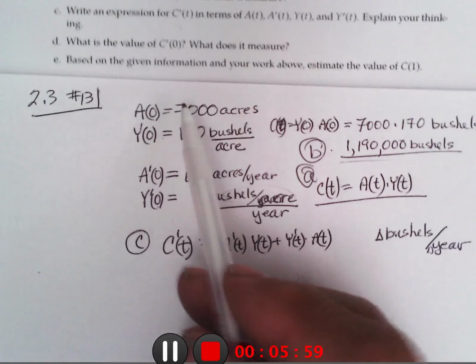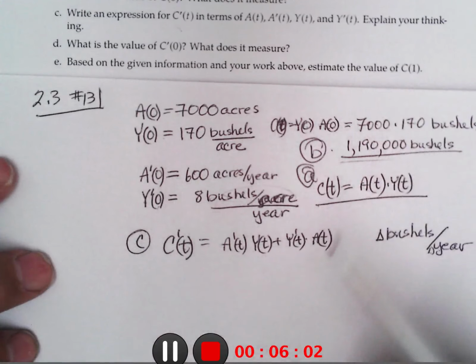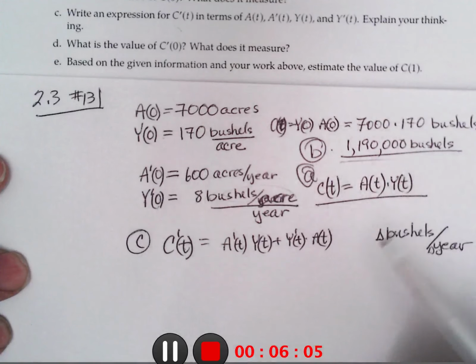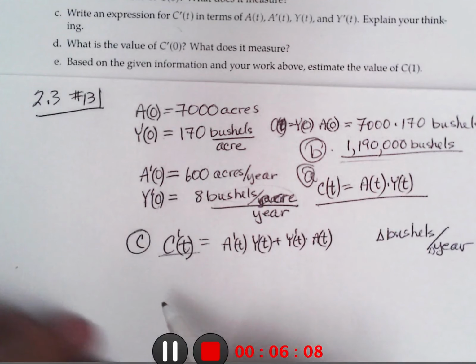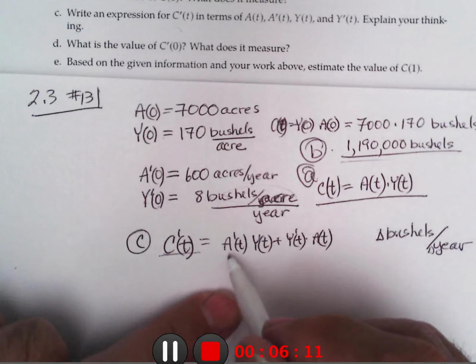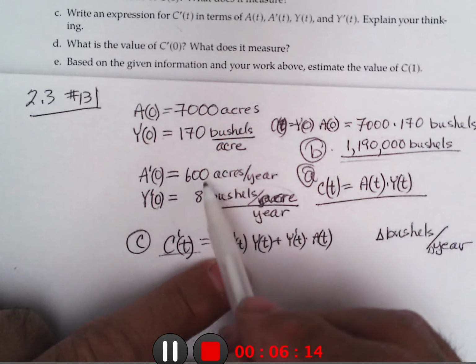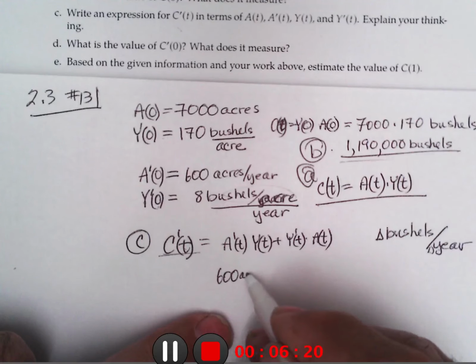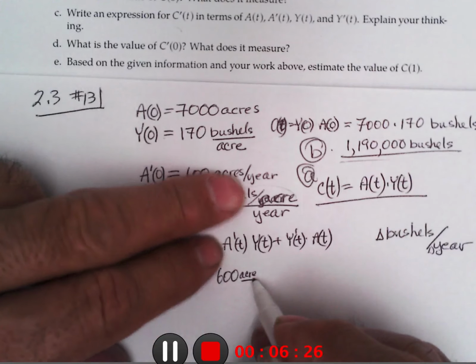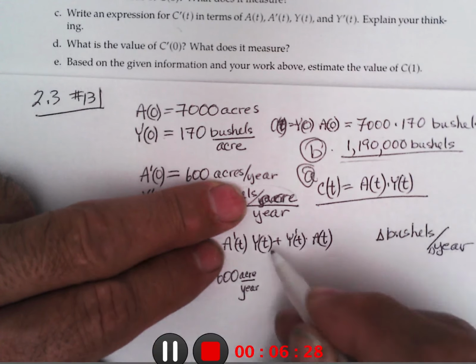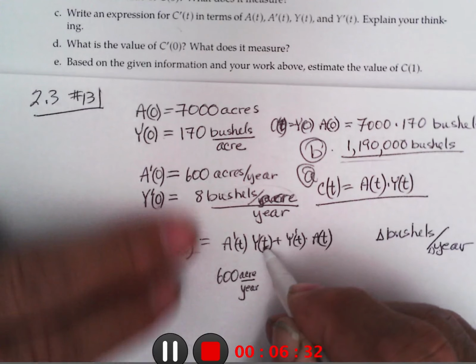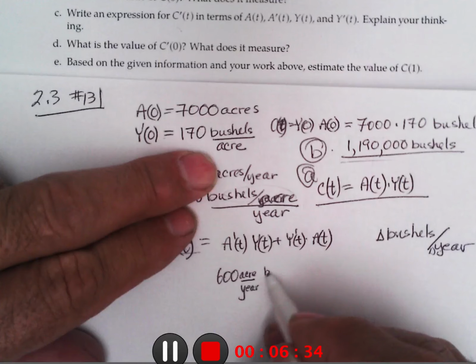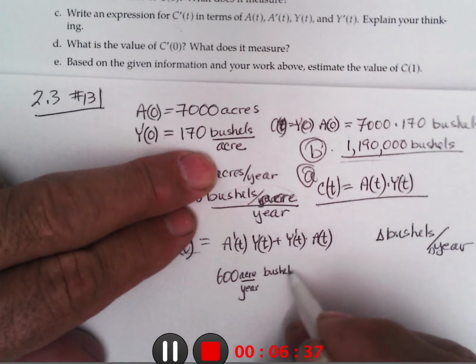Based on your given information, estimate C of 1. So that's 1 year. Well, what does C prime equal? C prime would equal A prime, which at 0 is 600 acres per year. I'm going to do the units in here to help you see this. And Y of t is bushels per acre, and that's 170. I forgot that's 170.